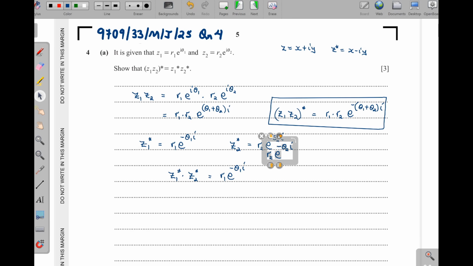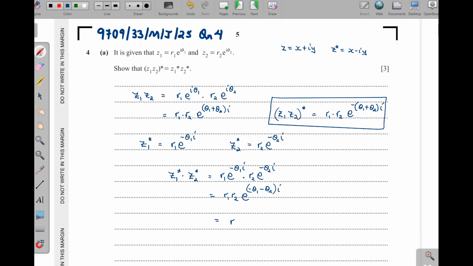So we multiply them just like that. And of course, what comes out of here is going to be r1 times r2, and then e to the power of negative theta 1, then plus negative theta 2, i.